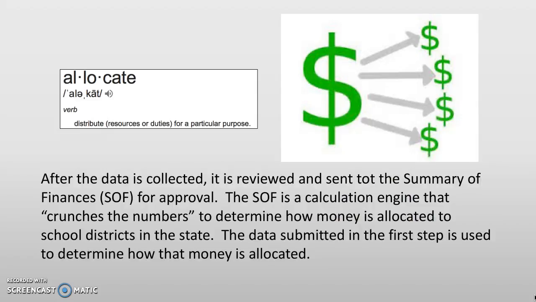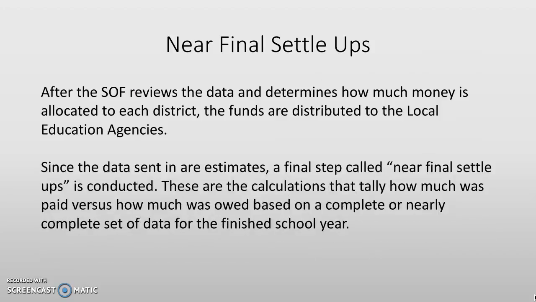After the data is collected, it is reviewed and sent to the Summary of Finances for approval. The SOF is a calculation engine that crunches the numbers to determine how much money is allocated to school districts in the state. The data submitted in the first step is used to determine how that money is allocated.